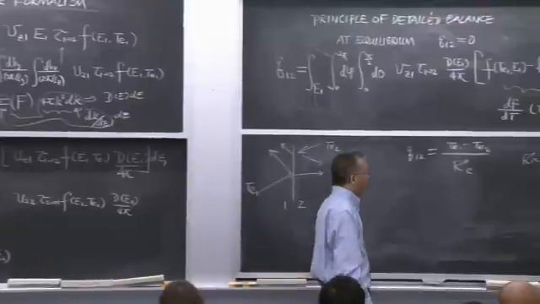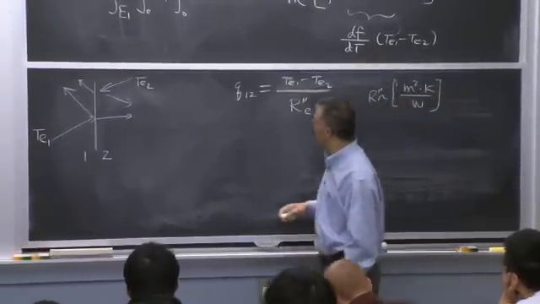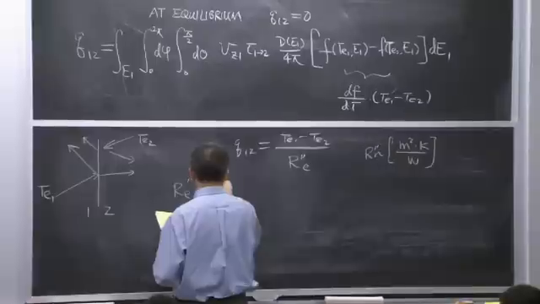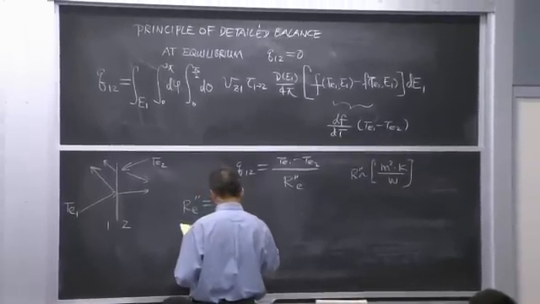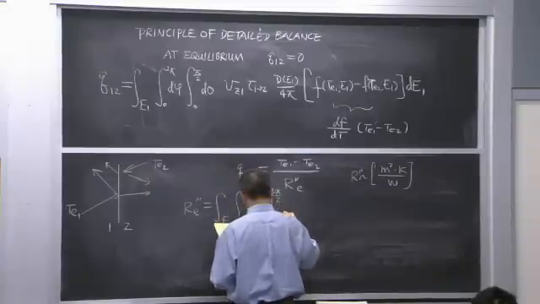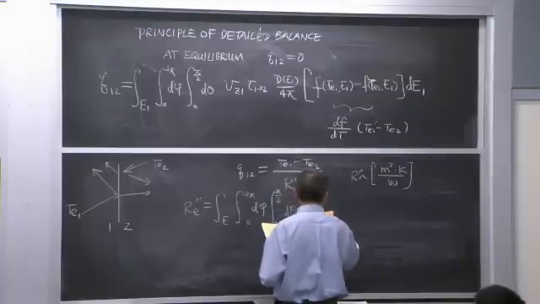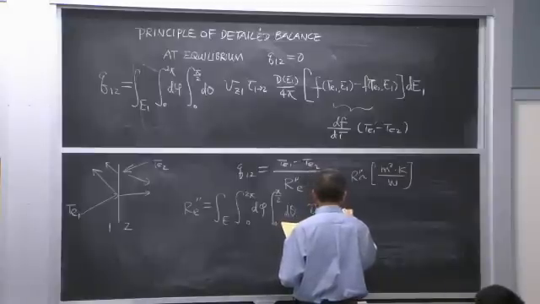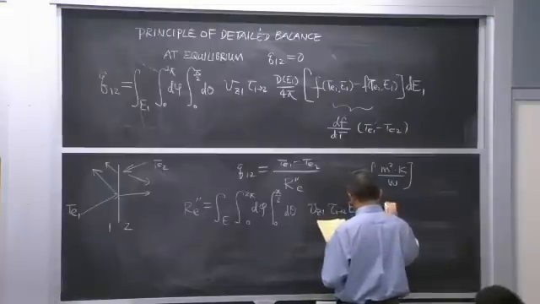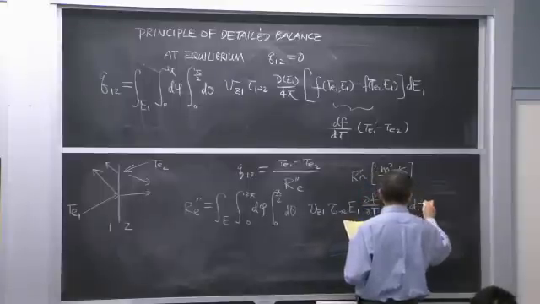Okay. So based on this, I can calculate the thermal boundary resistance: integral over E, phi from 0 to pi, theta from 0 to pi over 2, of v z1, tau 1 to 2, E1, dF/dT, density of states E1 over 4 pi, dE1.